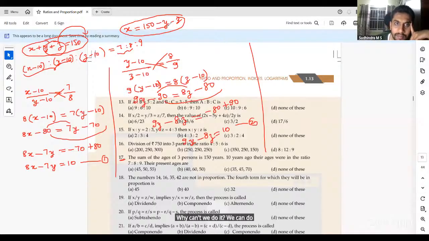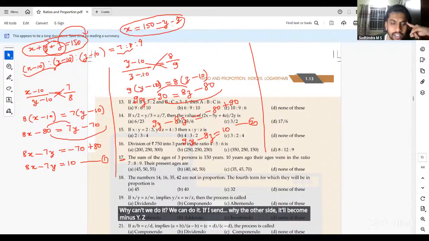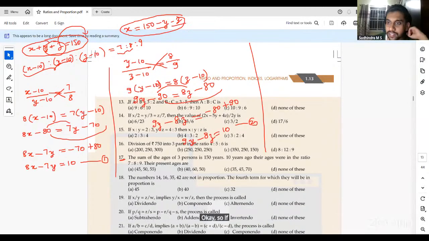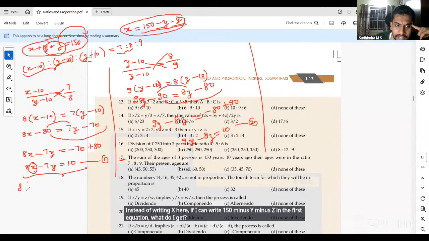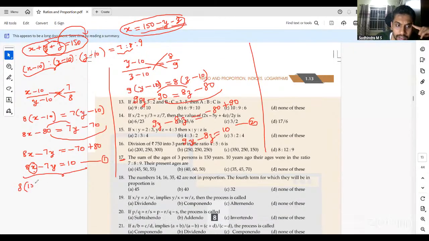If I send y the other side, it becomes minus y; z the other side, minus z. If I substitute 150 minus y minus z instead of x in the first equation, I get 8 into 150 minus y minus z minus 7y equals 10.